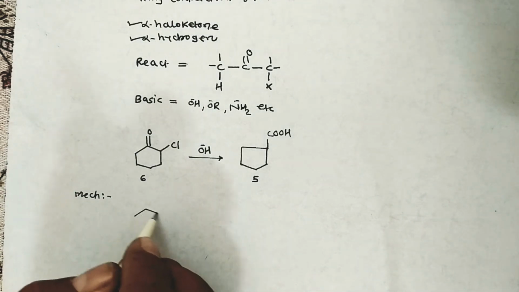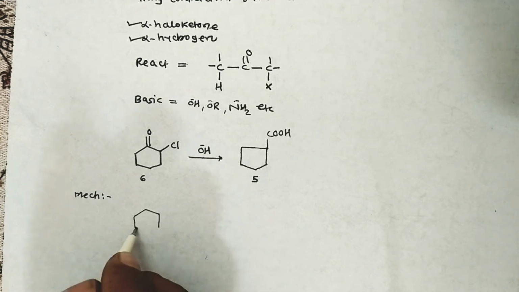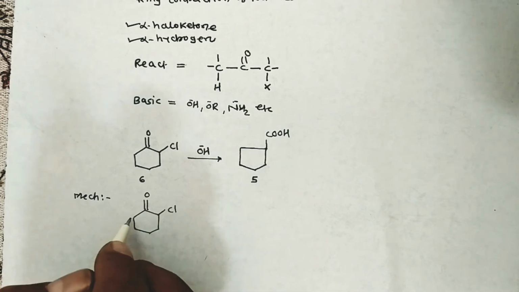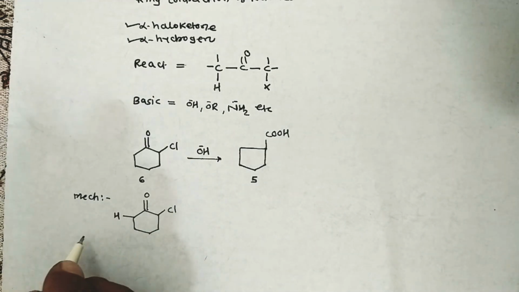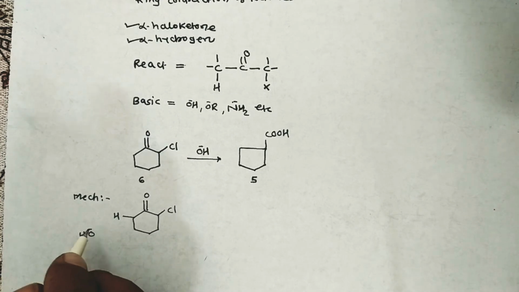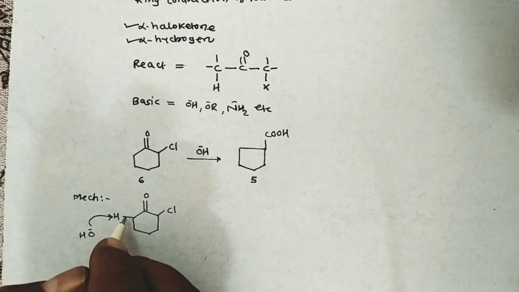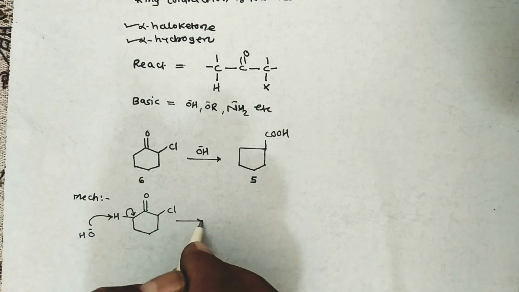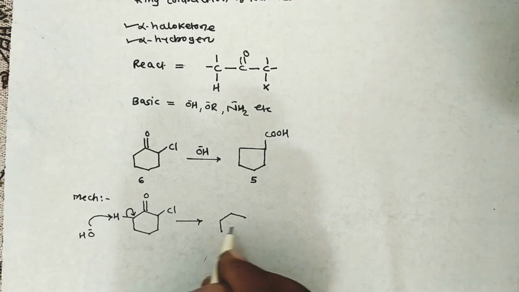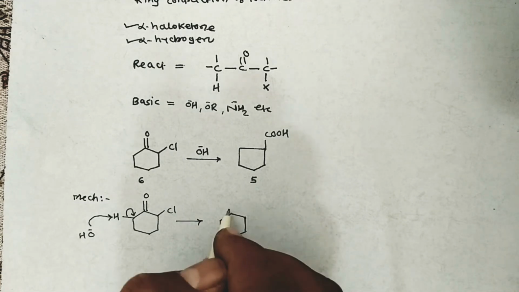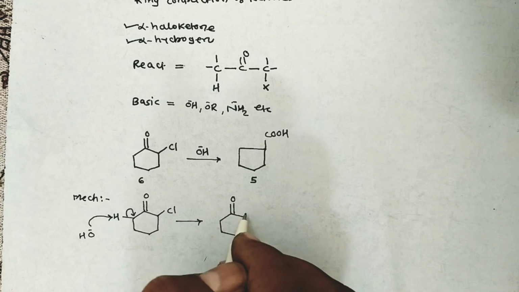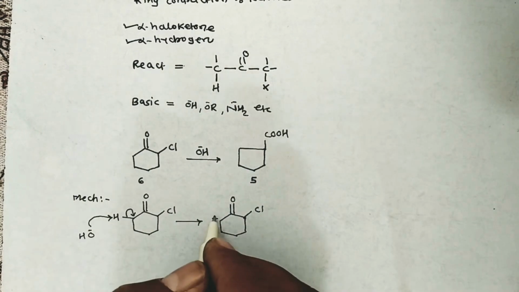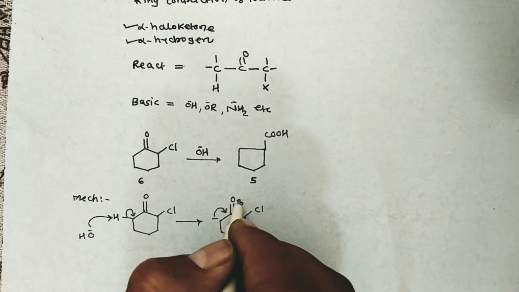What happened? First of all, in basic medium, this alpha hydrogen will be abstracted by this base to form enolate ion. Now this can be delocalized.